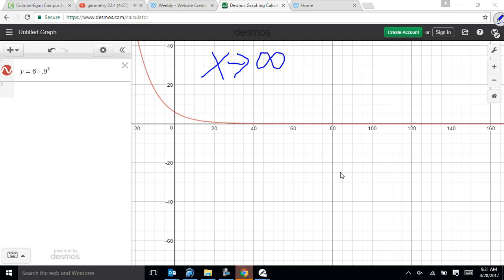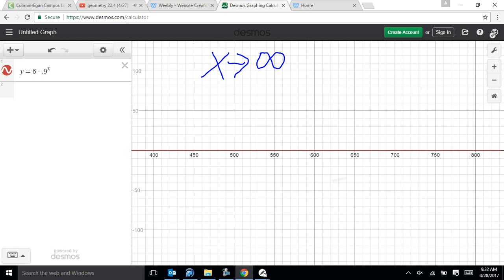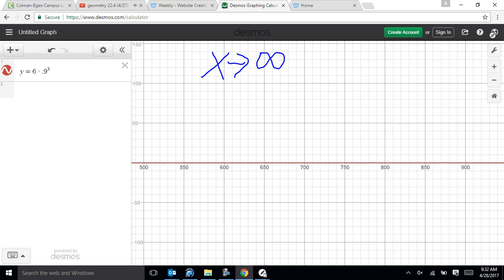As x is heading to positive infinity, what number are we heading to? All right, but is it ever going to cross that? No. So it's going to approach 0. So this one, y is going towards 0.